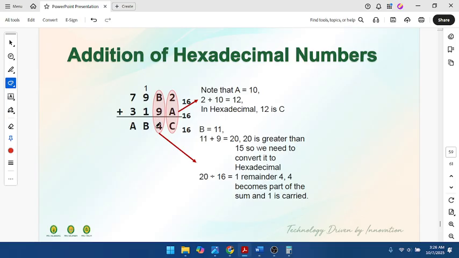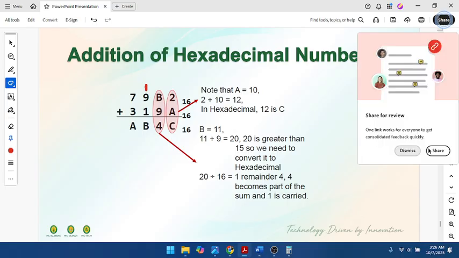So it is greater than 15. So we will convert it to hexadecimal. So 20 divided by 16, we have 1, remainder 4, and 4 now becomes part of the sum. So just carry the 1 over here. Okay? So on and so forth.